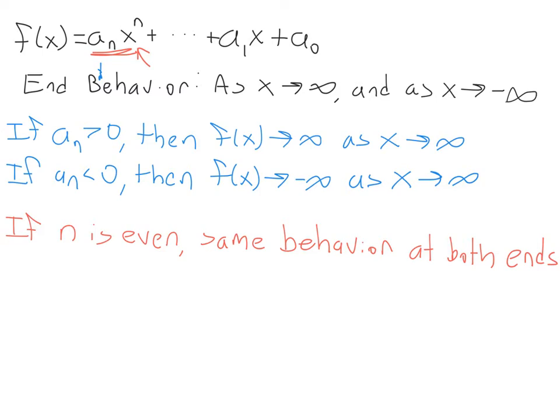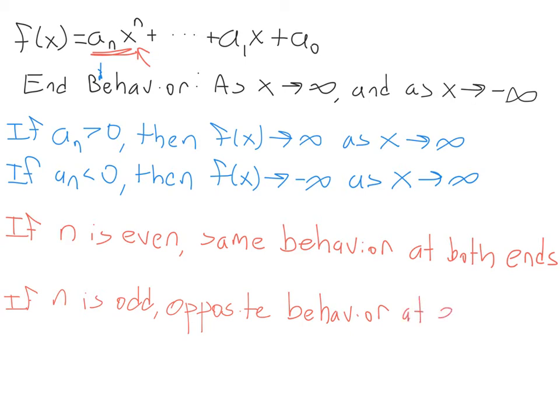And on the other hand, if n is odd, if the degree is odd, then we have opposite behavior at both ends. So if one goes up, then the other goes down. And this is going to be enough to help us identify the end behavior completely.